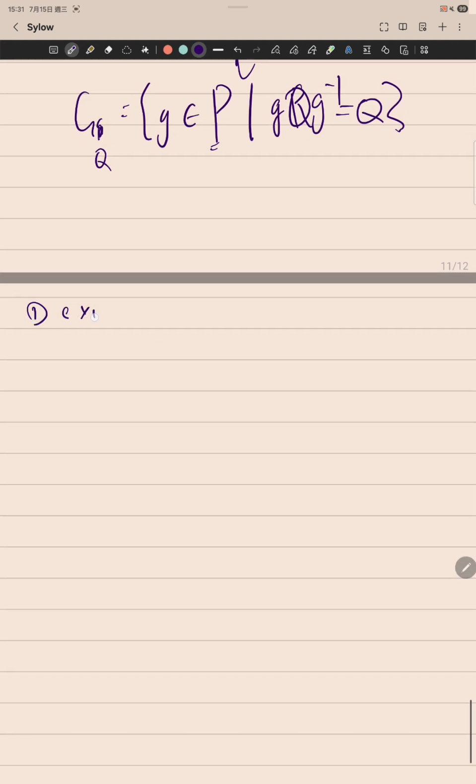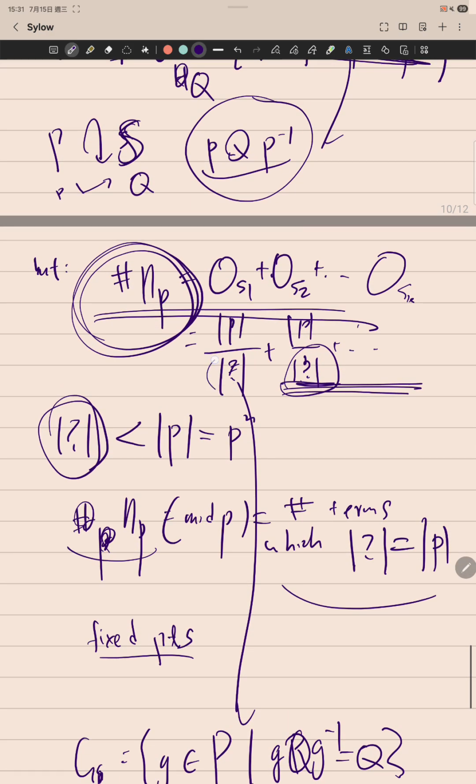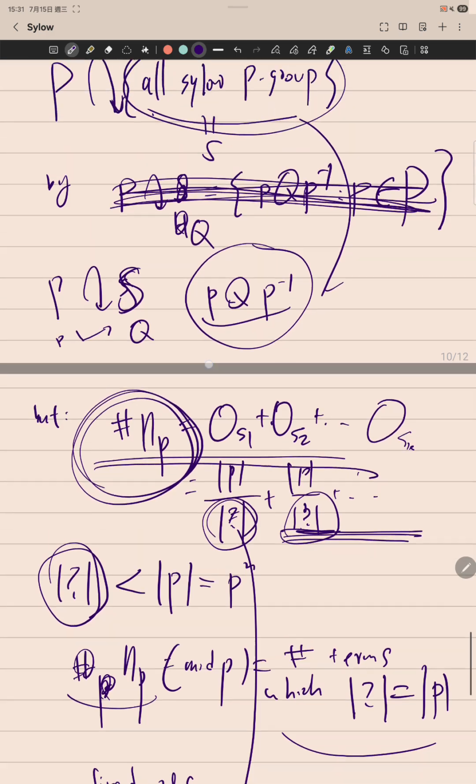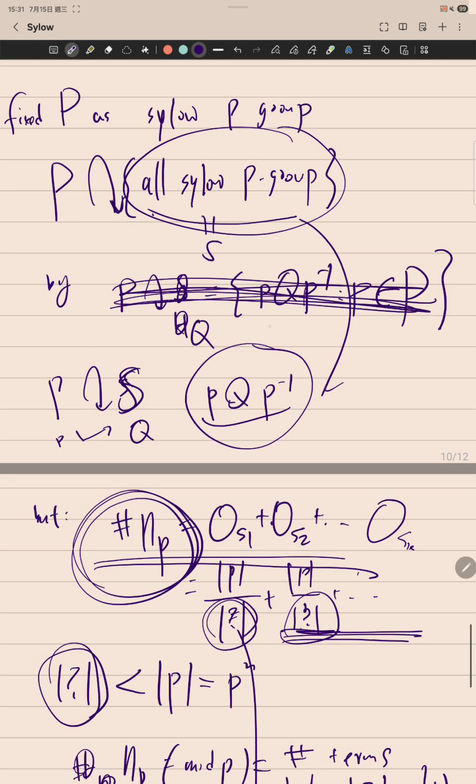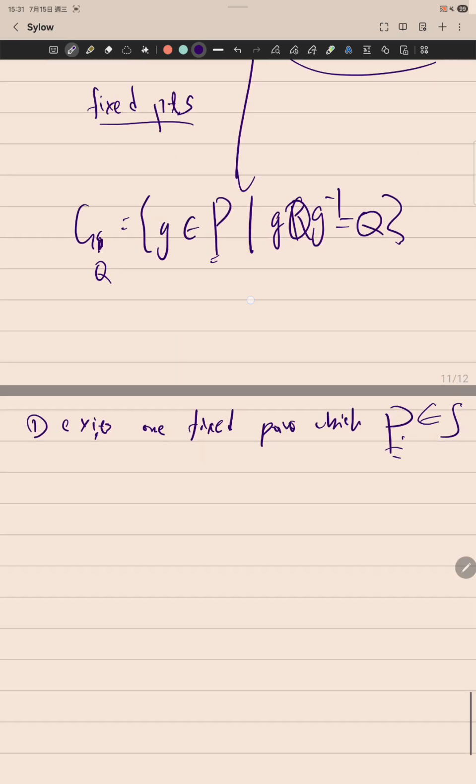So there exists one fixed point, which is just P, or P in a set S, right? Because P itself stabilizes P. If you take any element P here and then you times P inverse, then it becomes P.